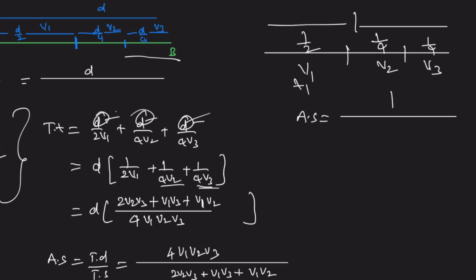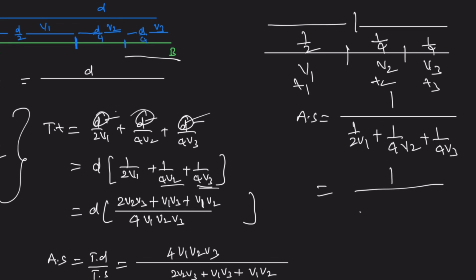see here, time 1, time 2, time 3. So total time is T1 plus T2 plus T3. What is the time 1? That is 1 by 2 V1, and 1 by 4 V2, distance by speed. 1 by 4 is the distance, speed is V3. So 1 by 4 V3. Okay. So 1 by, now what is the LCM of this? 4 V1 V2 V3. So what is the numerator here?